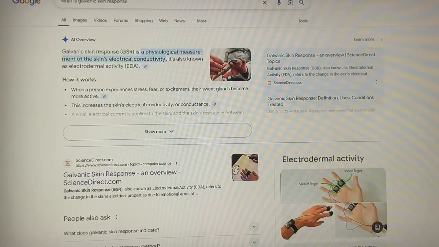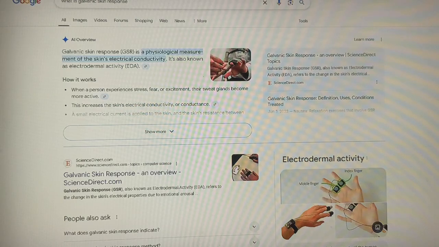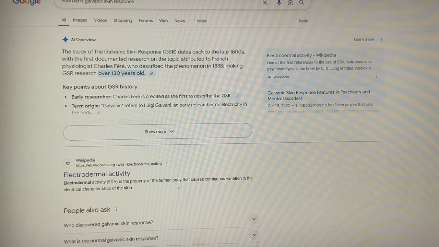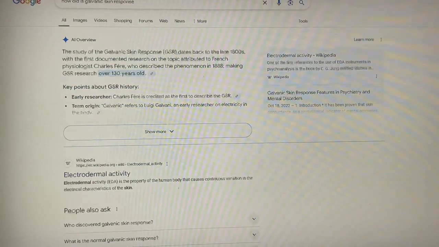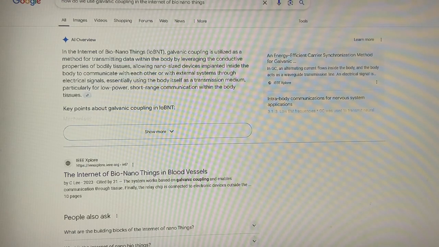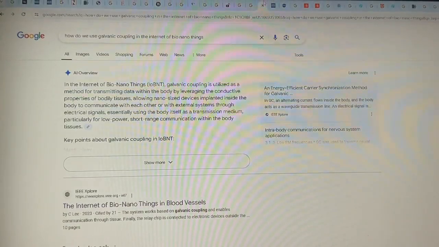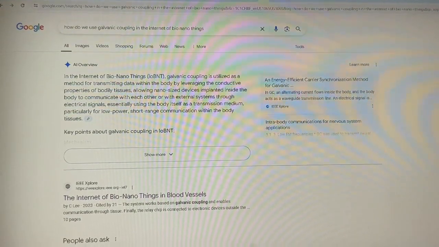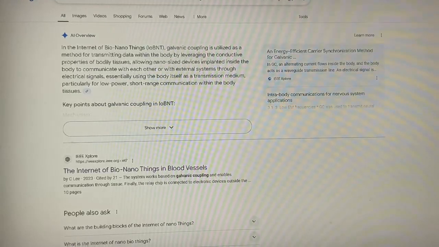Galvanic skin response is a physiological measurement of the skin's electrical conductivity, and it's 130 years old. How do we use galvanic coupling in the Internet of Bio-Nano Things?